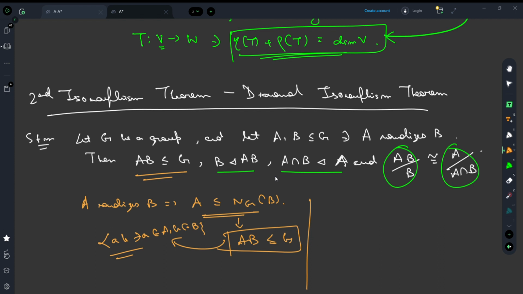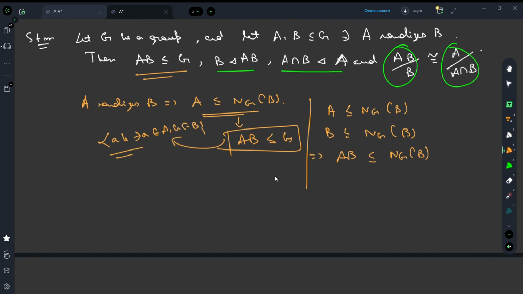How do we show that B is normal in AB? See, A is a subgroup of the normalizer of B in G. B is by definition a subgroup of the normalizer of B in G, but this implies AB is a subgroup of the normalizer of B in G, but that means AB normalizes B, so in a way B is normal in AB.